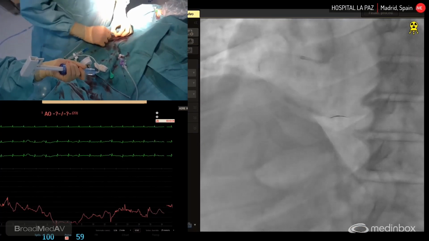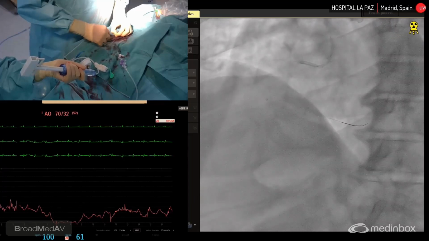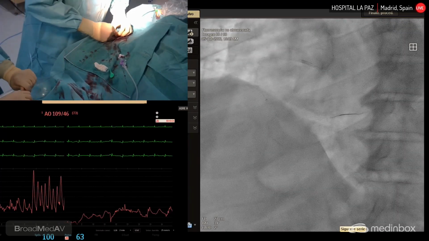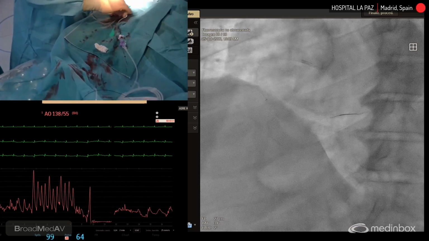Okay, with a bad technique, we have advanced the telescope to the mid part of the right coronary artery, and then we will try to perform the OCT pullback.